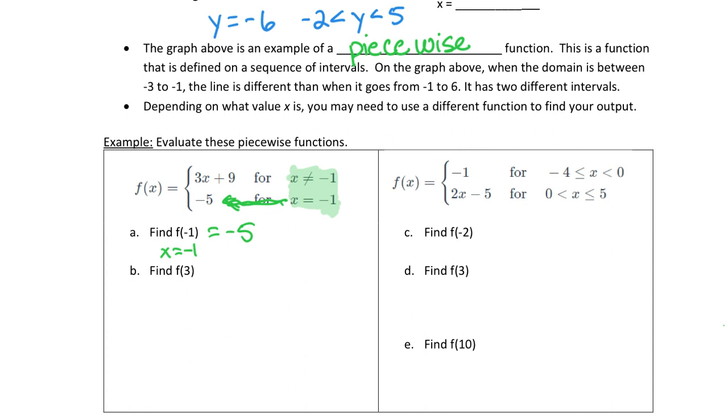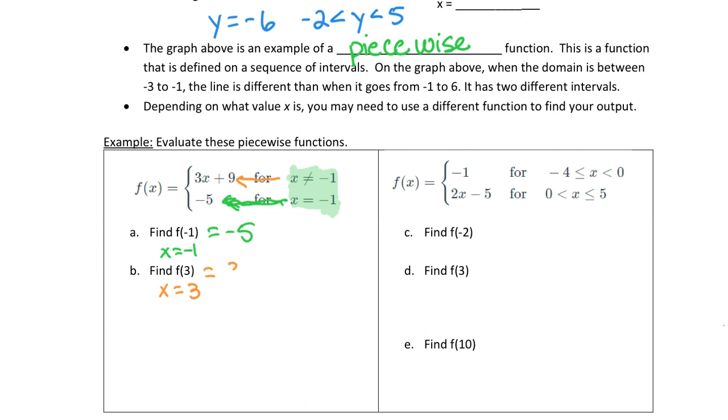Now, what happens when x does not equal -1? So here on part B, x equals 3. And when x equals 3, which does not equal -1, it says I'm going to use this function.